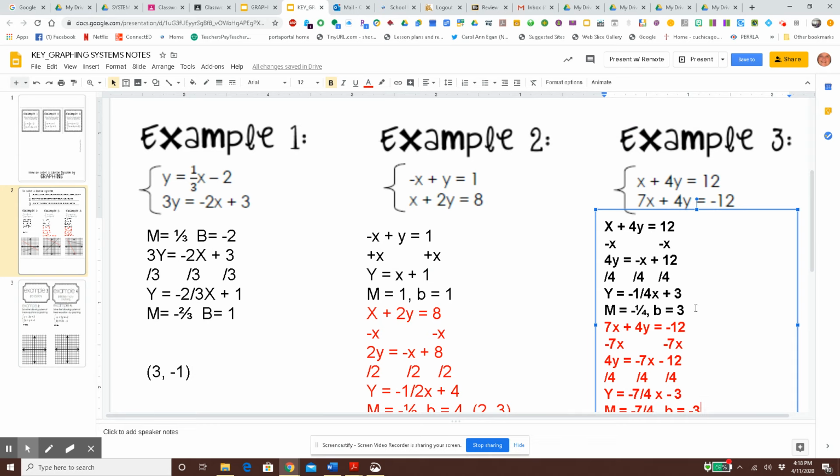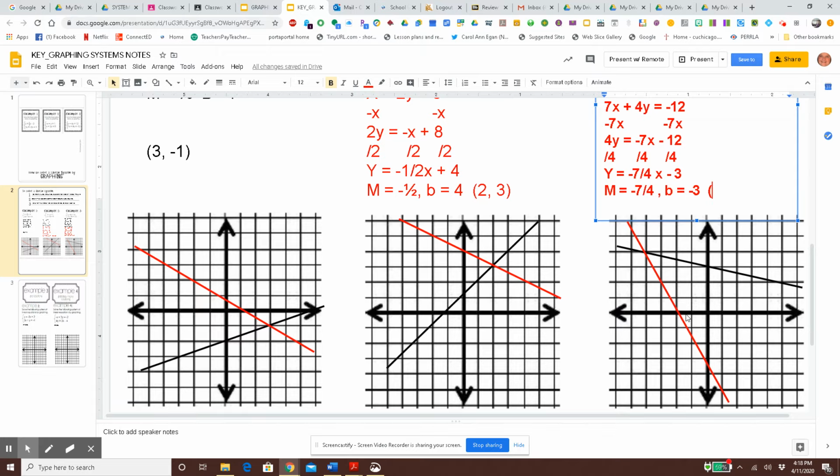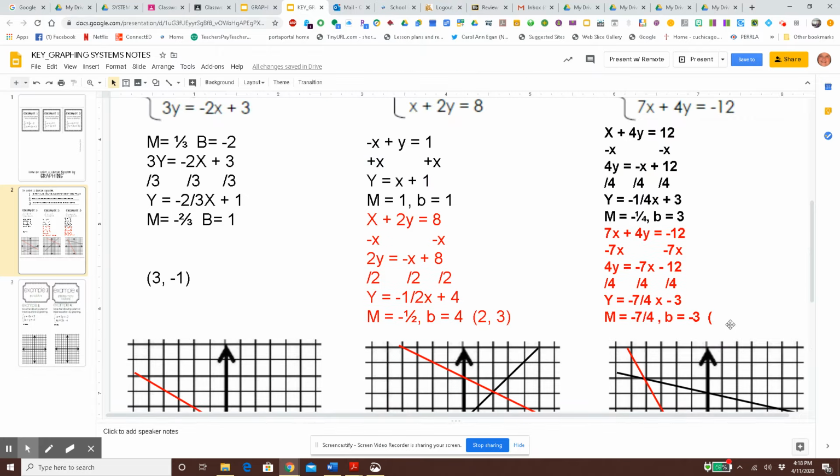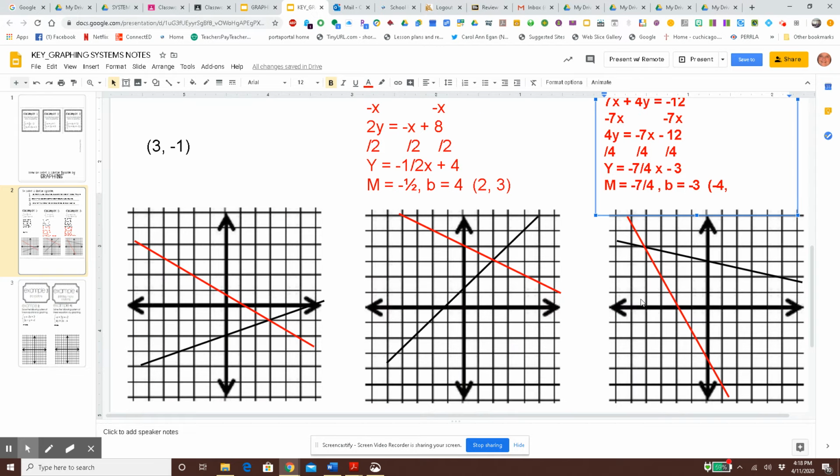And in our last one, our answer is over 1, 2, 3, 4. So we're over 4 to the left. That's going to give us a -4. And we were up 1, 2, 3, 4.